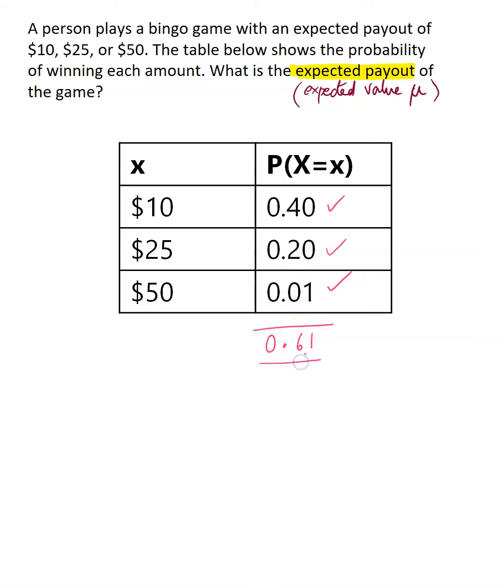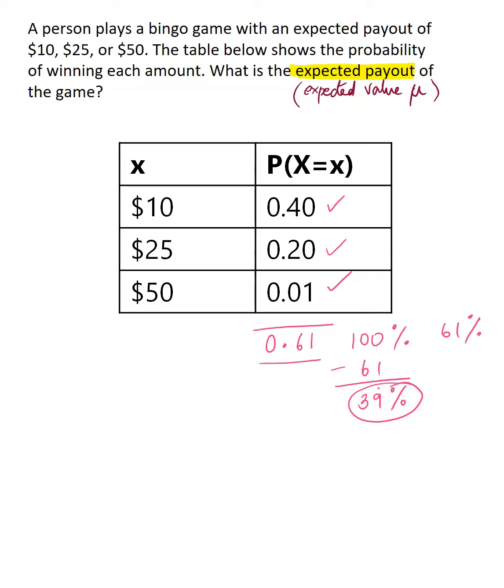It adds up to 0.61. So if you think of it as 100%, we only have 61% adding up. If you subtract this, what we're left with is 39%. So we have 39% that's unaccounted for.